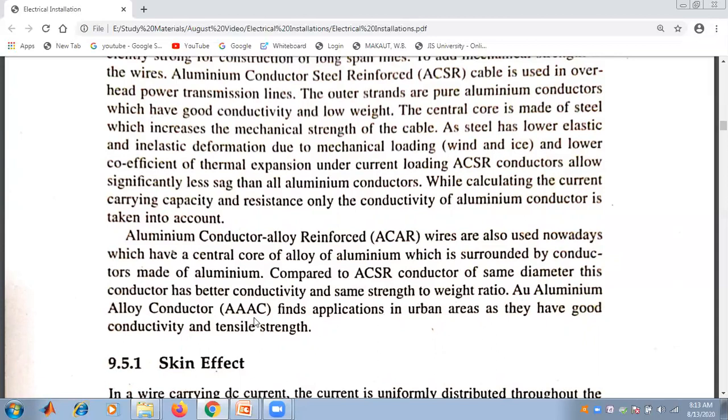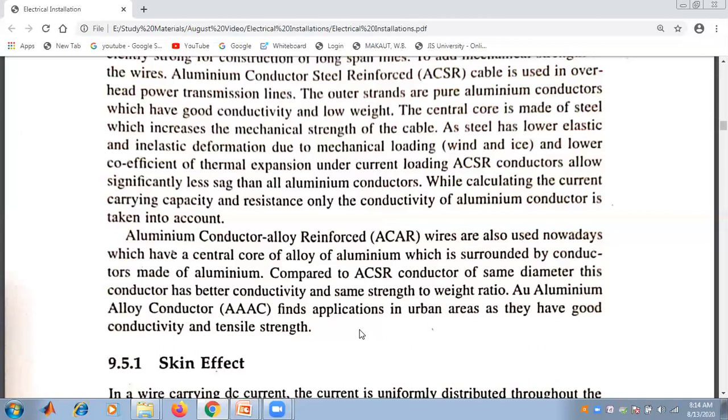A triple AC, that is aluminum alloy conductor, finds application in urban areas as it has good conductivity and tensile strength.